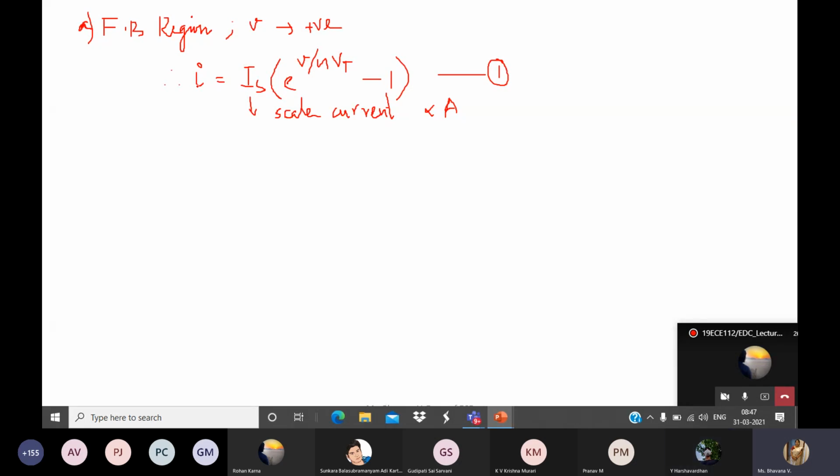Take down: if the area is doubled, then Is is doubled, and since Is is doubled, small I should also be doubled, as I is directly proportional to Is.